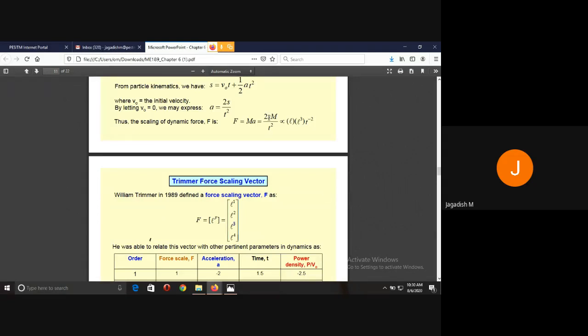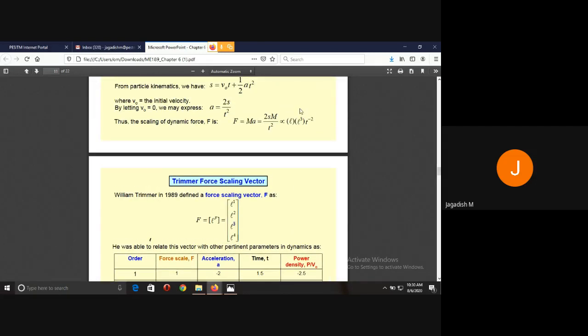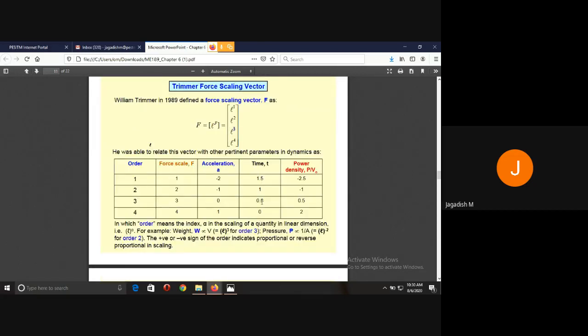Now we have square root of S, square root of M and square root of F. F will come here, correct? So S is a linear dimension, M is L cube, and F is L to the power F, which will have 0, correct? Now substitute that, you will get the finalized expression like this, that you can write here.